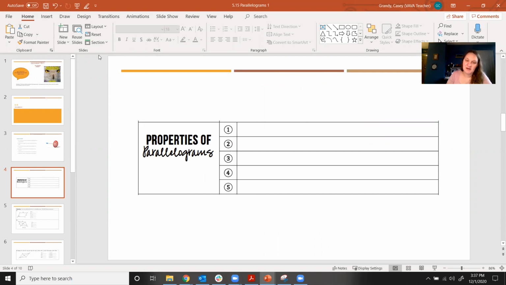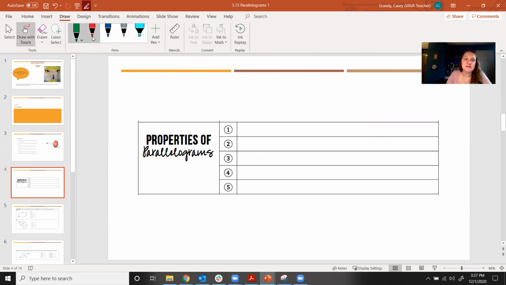The first property of a parallelogram is to know that opposite sides are parallel. That's how it gets its name, parallelogram. Another property about a parallelogram is that the opposite sides are also congruent.